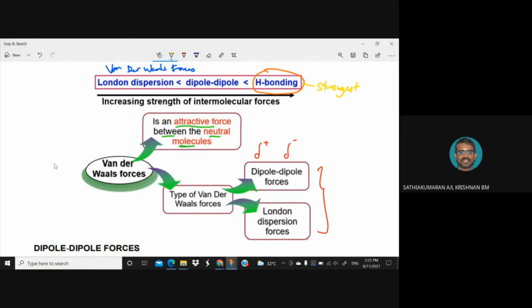Which one is the weakest? The weakest is London dispersion forces. Dipole forces are in the middle. So if they ask you which forces is the weakest, the answer is London dispersion forces. Which intermolecular force is the strongest? Hydrogen bonding. Now let us study dipole-dipole forces.